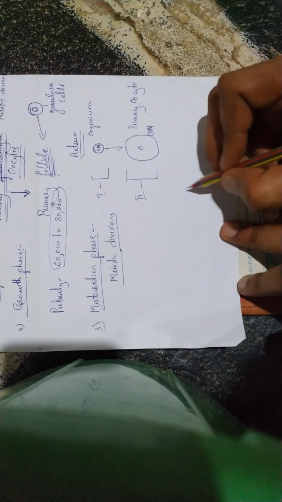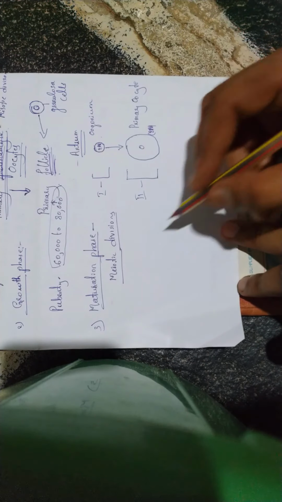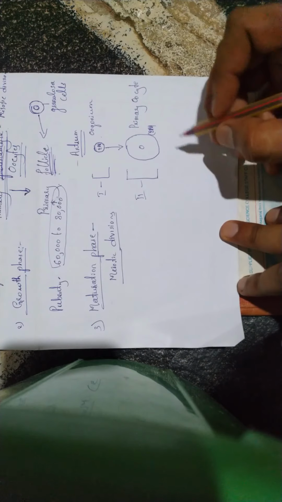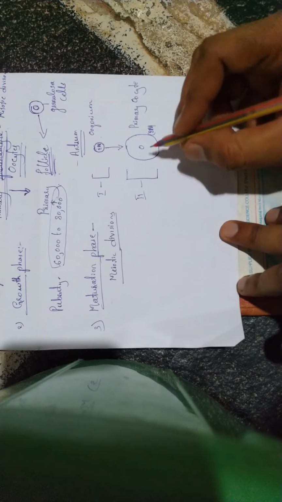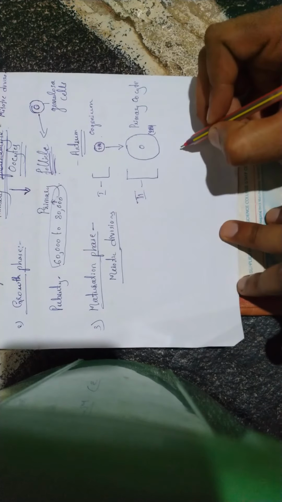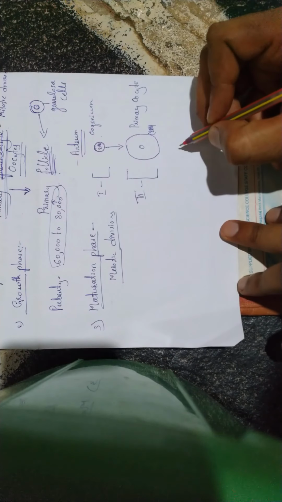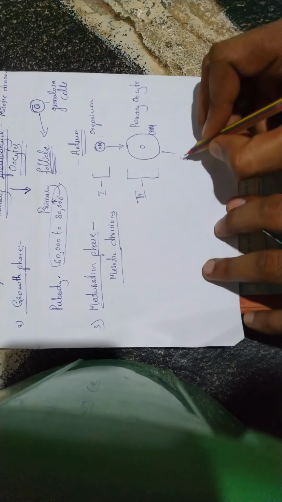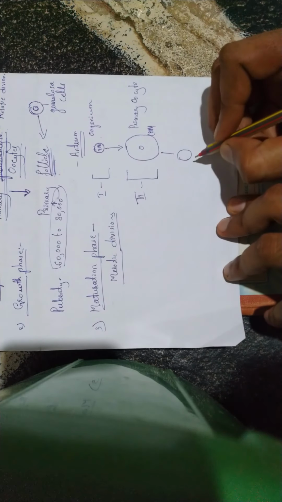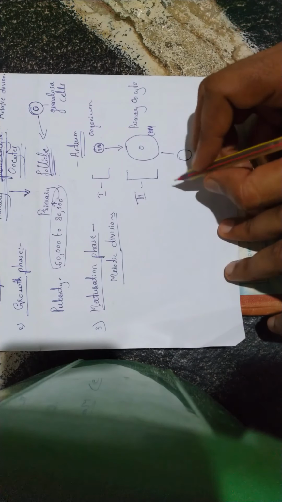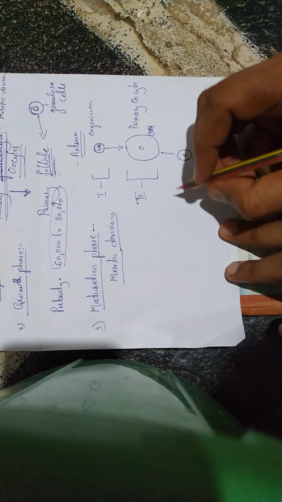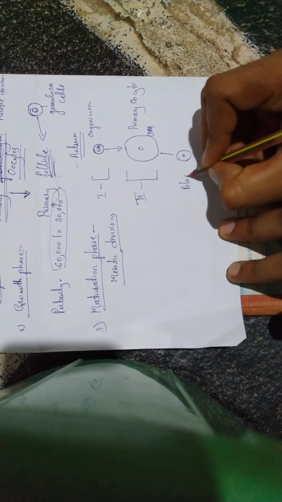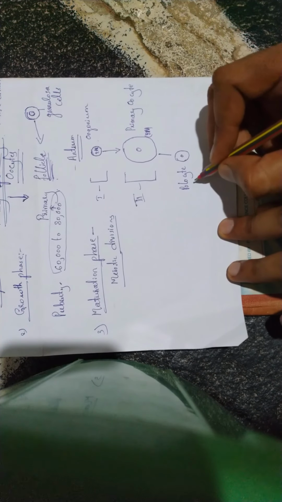In the third phase, the maturation phase, two meiotic divisions take place. By the first meiotic division, it produces two unequal daughter cells. The first is the small daughter cell, which we call the first polar body, or polocyte.